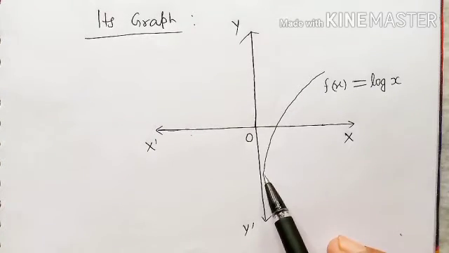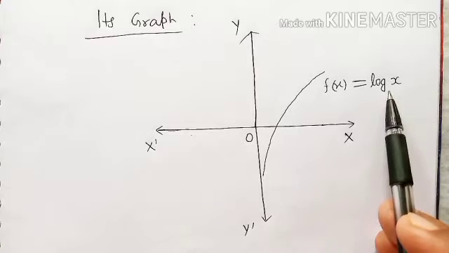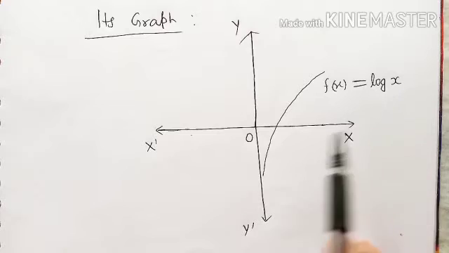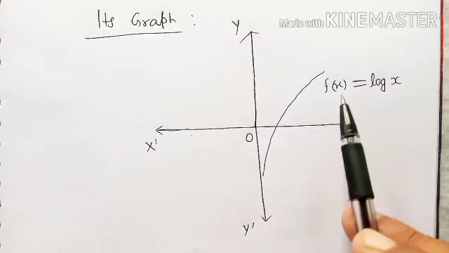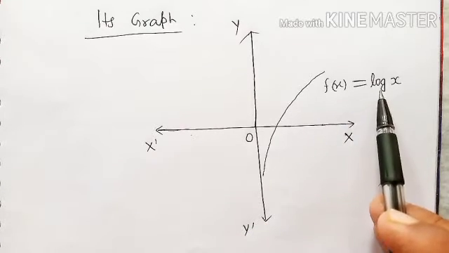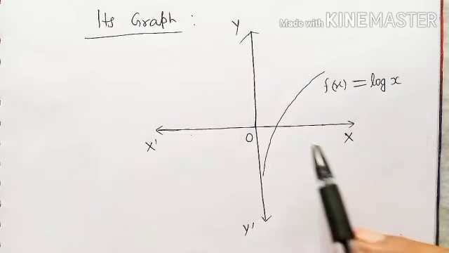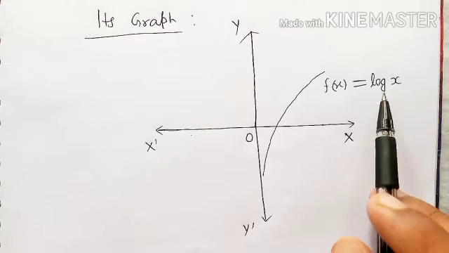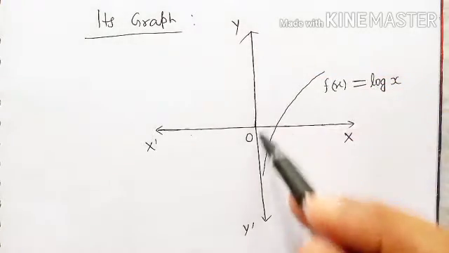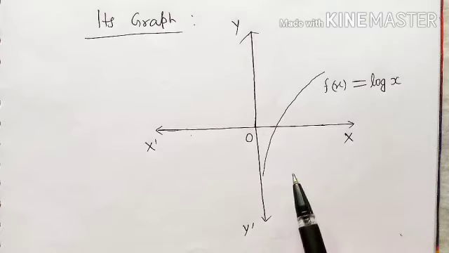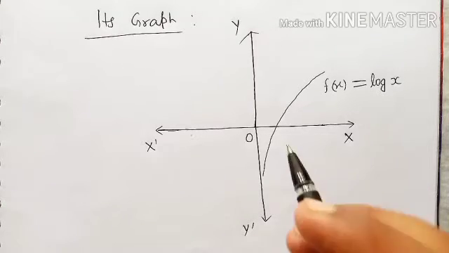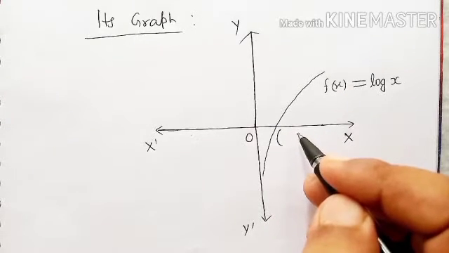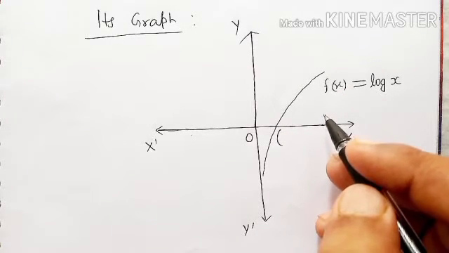Here, this is the graph of logarithmic function. It is understood that here base e is hidden. From this graph, we can say that the domain of logarithmic function is set of positive real numbers, and the range of logarithmic function is set of real numbers. In the graph, we know that y is equal to 0.